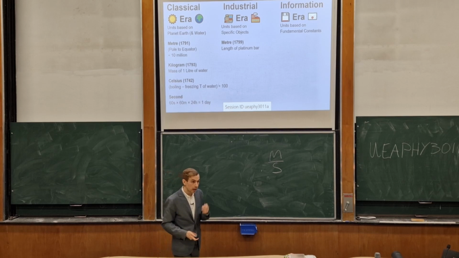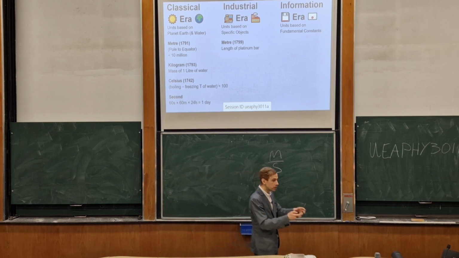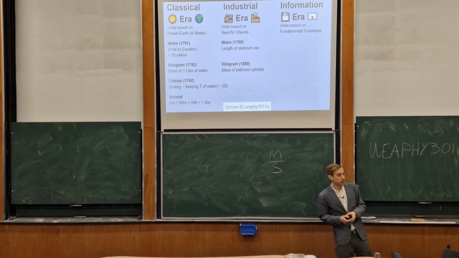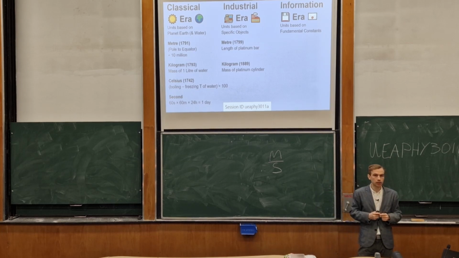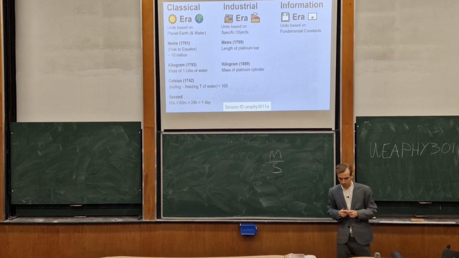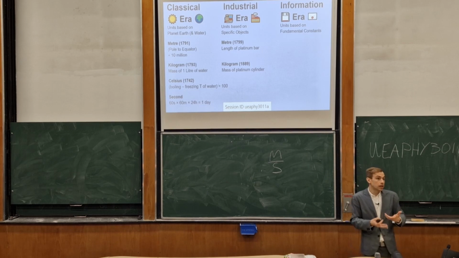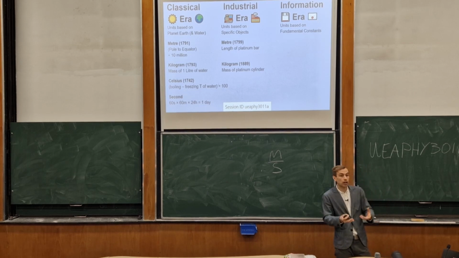And then they did the same kind of idea with mass. So instead of saying the mass of a litre of water, they just said, well, here is a platinum cylinder, and this platinum cylinder is 1 kilogram. If you want to make your own kilogram, you've got to ask them very nicely if you can borrow theirs and calibrate your kilogram against them.